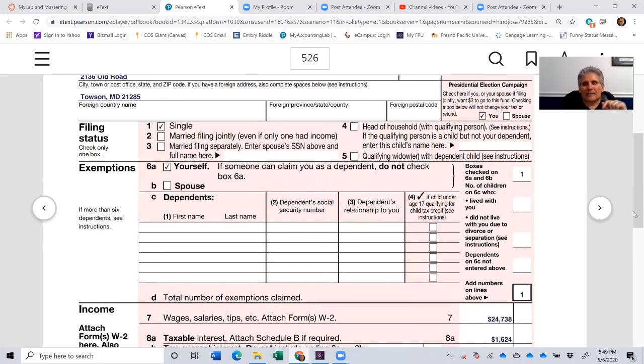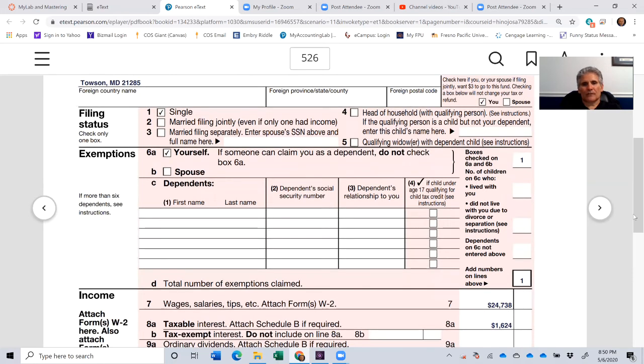It's just whatever taxes you paid, whether or not you want some of them to go to this presidential election campaign fund. She marks her filing status as single, and then she identifies herself as an exemption. There's no dependents, so it's just one exemption.